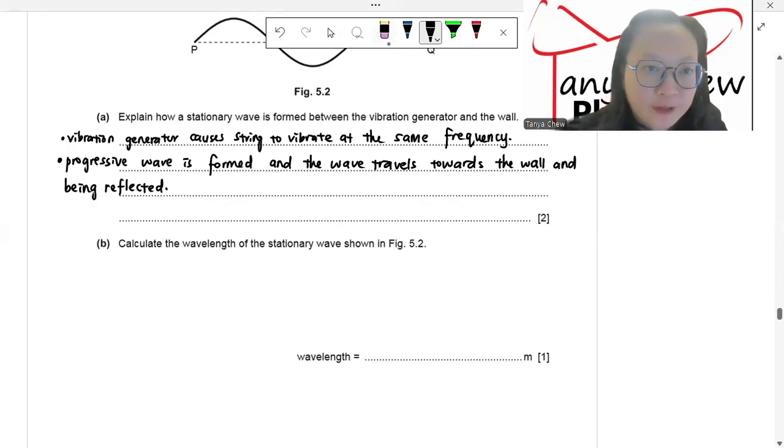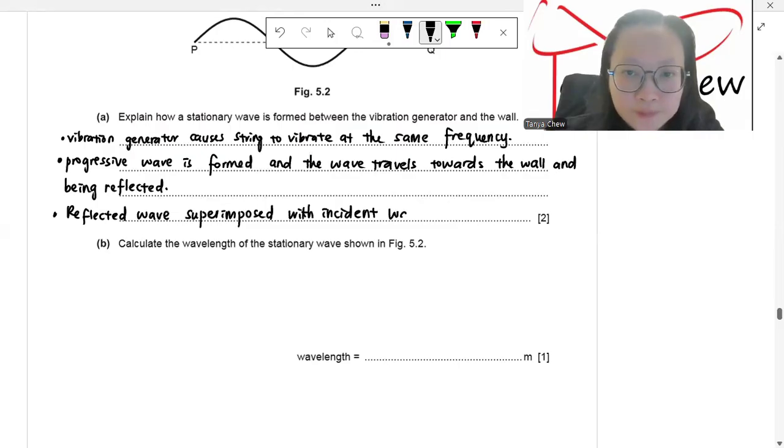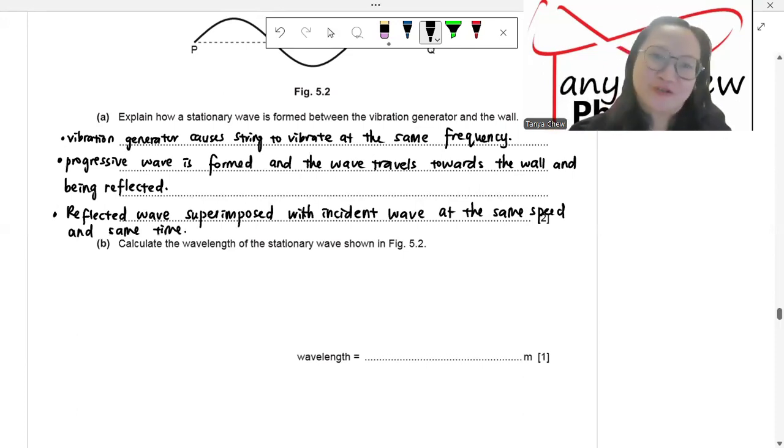So you have to put reflected. So reflected wave superimpose with incident wave at the same speed and same time to form stationary wave.